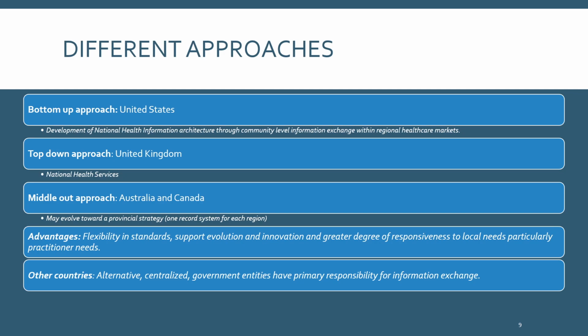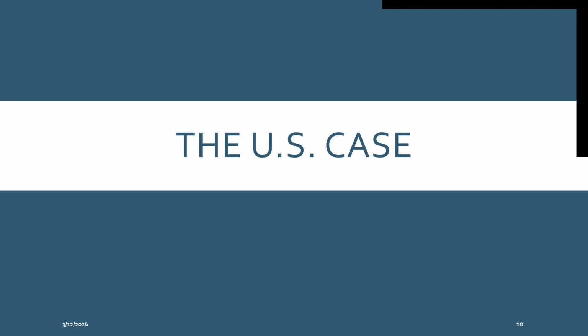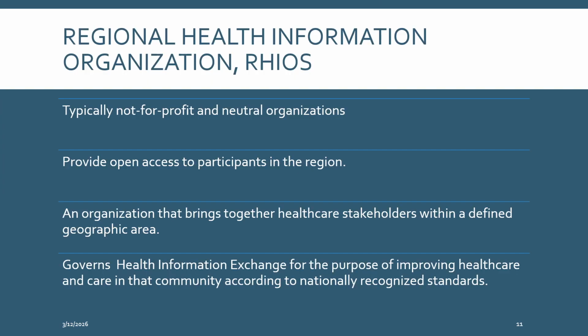And when we have this bottom-up approach, which is the one in the United States, it's kind of having a guideline that we are just following. In the US case, I'm going to go a little bit through the history. One of the first attempts that we had was the Regional Health Information Organizations, or RHIOs, that were typically not-for-profit or neutral organizations.